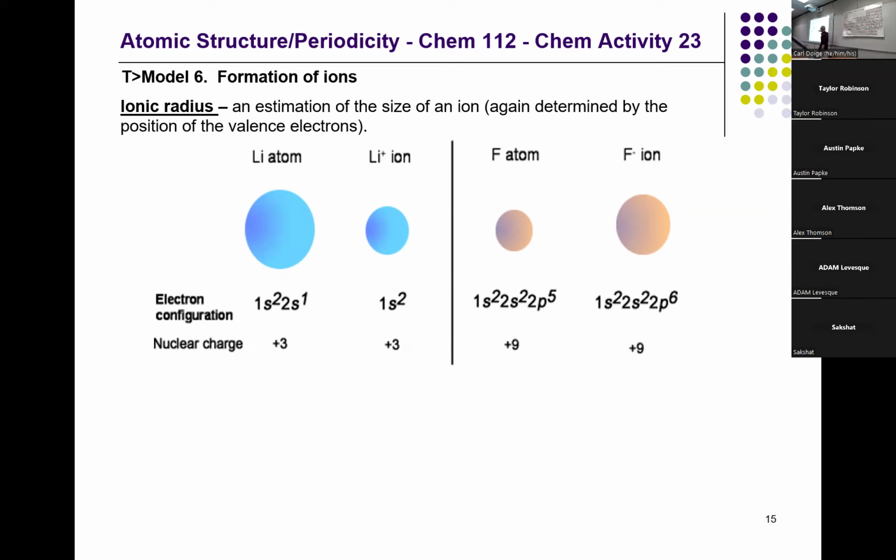So what you see here is always true. It's smaller. Why is that? Well, we can't say it's because the valence electrons have a greater attraction for the nuclear charge, because it's the same +3. Right? Other than that these are shielded by those core electrons.